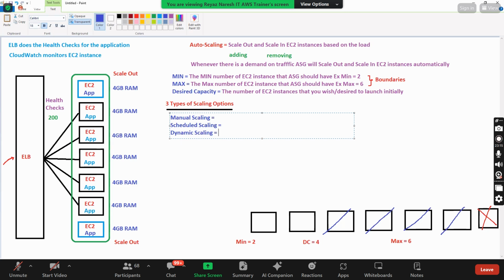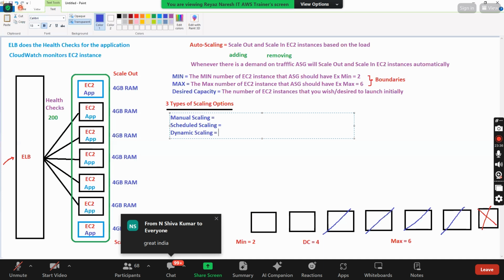Okay. So schedule scaling is, let's say now, in Amazon, what sale is happening? Festival sale is happening. Big Billion Day is happening, no? Let's say 1 month before, Amazon website will have less traffic than what we are having now. From October, Great India Festival.